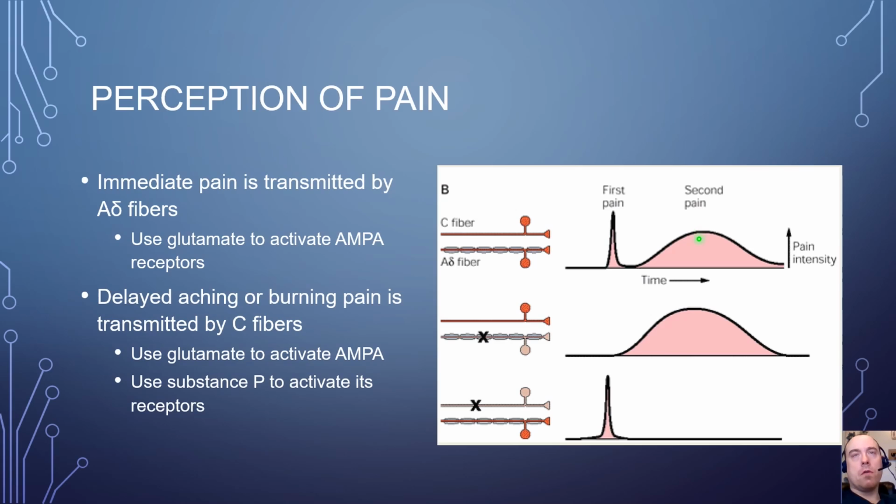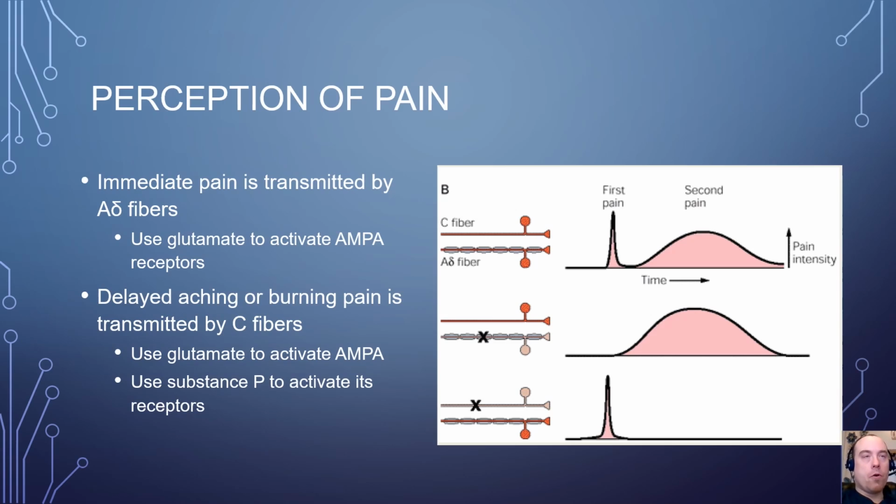Opioids can help both. We do have medications, not so many of them at this point, but maybe in the future we'll have more that are associated with delayed pain, such as blockers of substance P, which is more important for delayed pain. But that's not really something we're going to focus on. Of course, it's going to be more just opioids here.